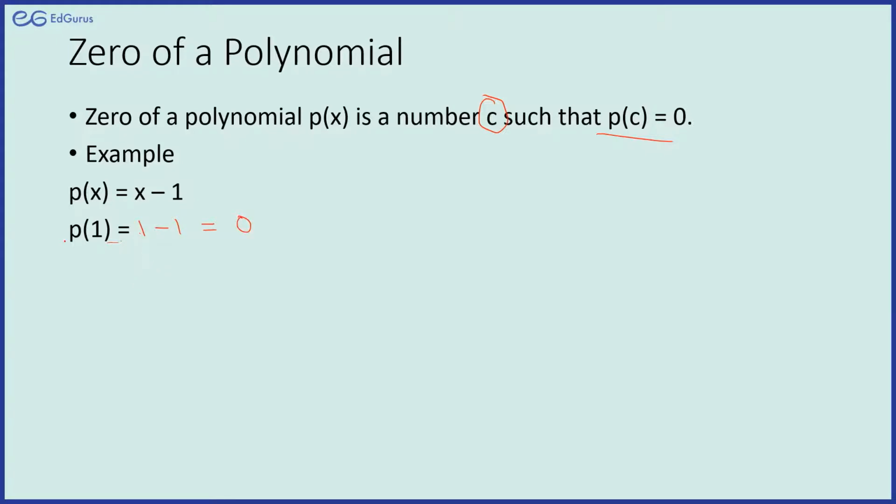So what did we find? We found that when x is equal to 1, p of 1 is 0. Polynomial की वैल्यू 0 हो जाती है. Right? This is what we have found in this example, that when x is 1, the value of polynomial is 0.